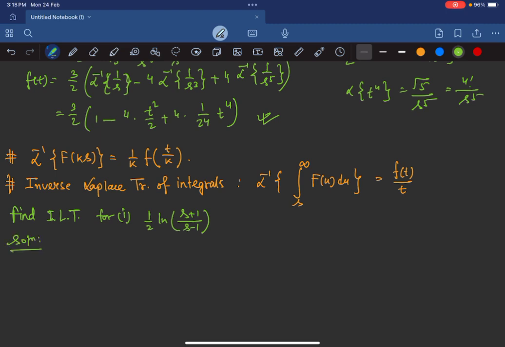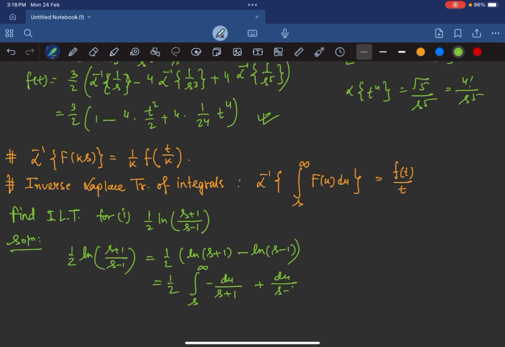So here see the solution: half ln((s+1)/(s-1)). This can be written as half [ln(s+1) - ln(s-1)]. Okay, and this is nothing but half integral from s to infinity of [-du/(u+1) + du/(u-1)]. You can write like this.